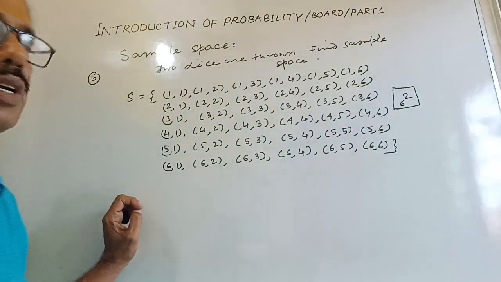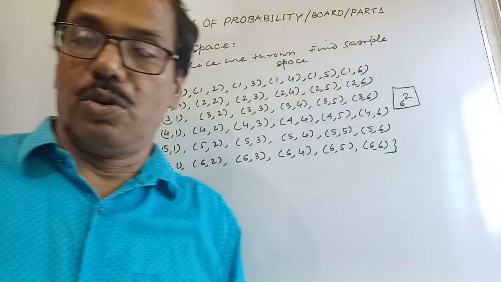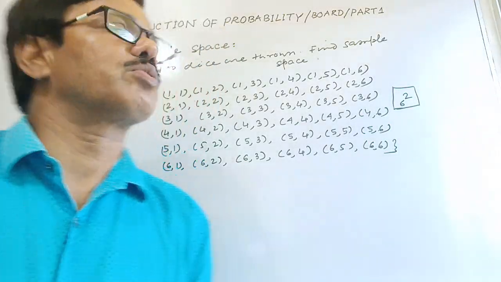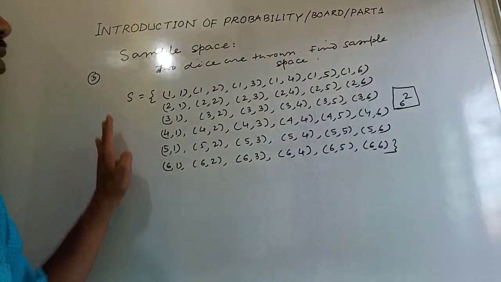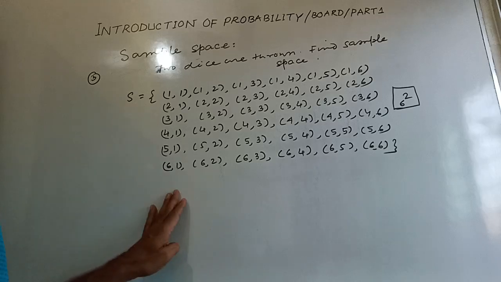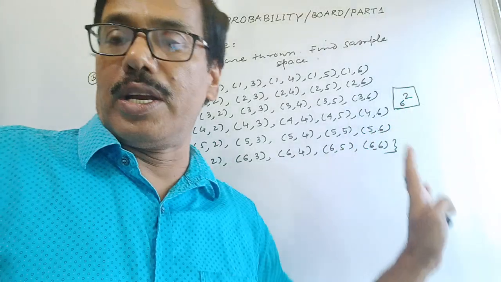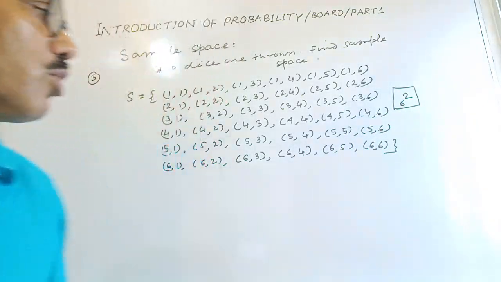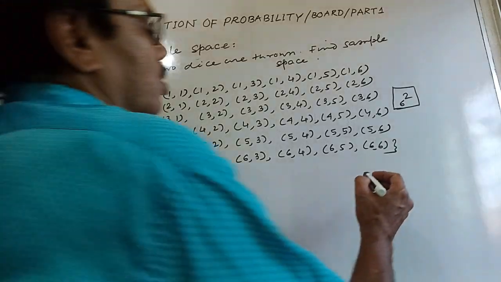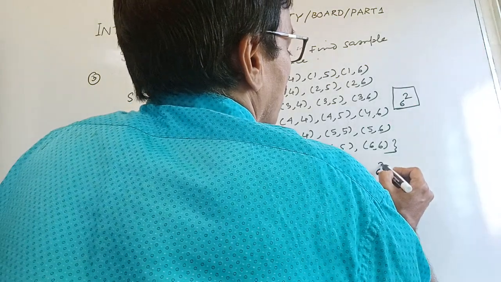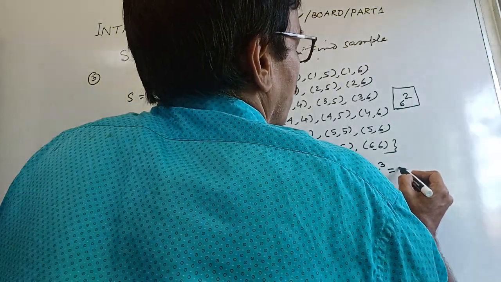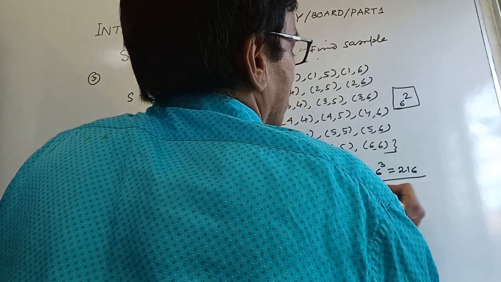6 to the power 2. So when 2 dice are thrown, the total number of sample points is 6 squared, 36. If 3 dice are thrown, then the total number of sample points is 6 to the power 3, 216.